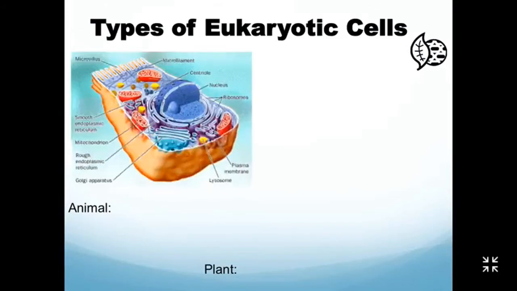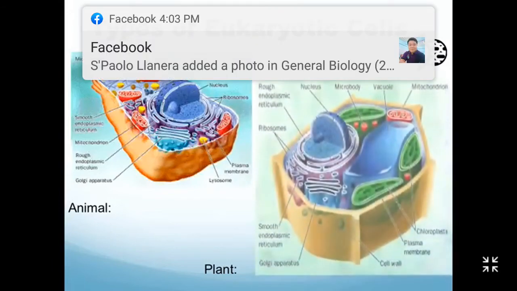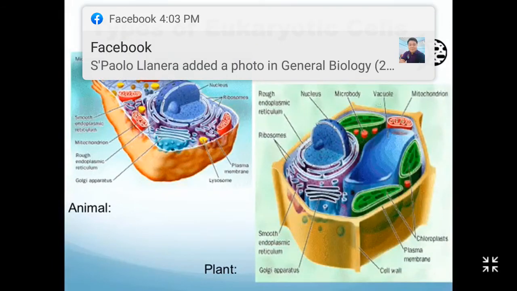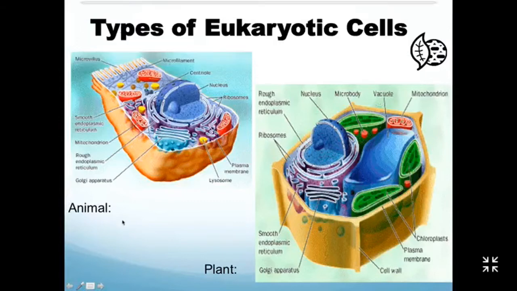Before we proceed to that, I want to show you first an illustration. What's the difference between an animal cell and a plant cell? You will see that in the plant cell, there is a square shape because of the cell wall, while the animal cell has a spherical shape.